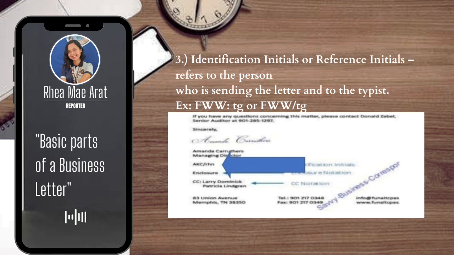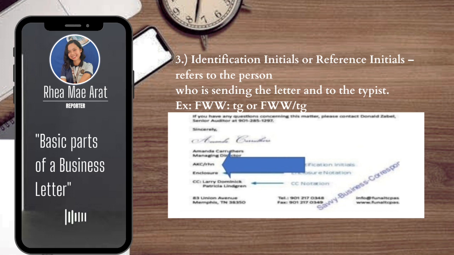The initials mainly have two functions: to give information about the secretary or the author of a business letter. So those reference initials refer to the person who is sending the letter and to the typist. The sender's initials are typed in all capitals followed by a colon or a slash. Then the initials of the typist in lower case letters.